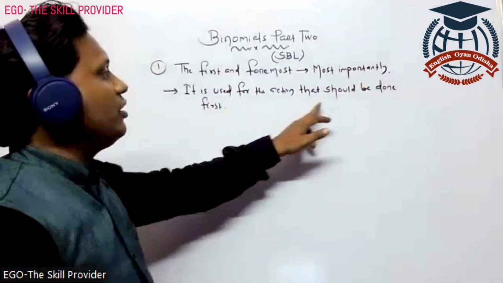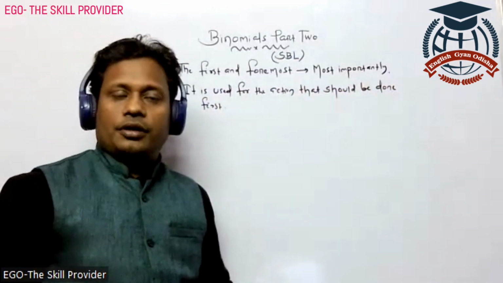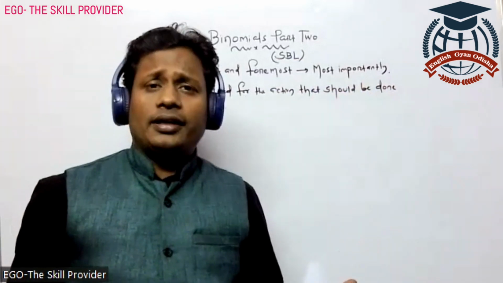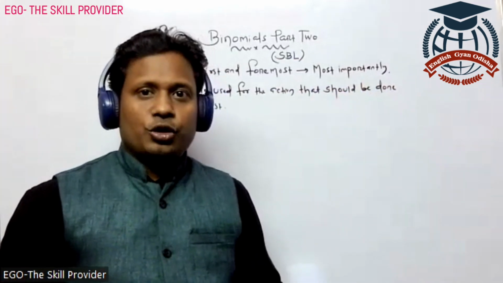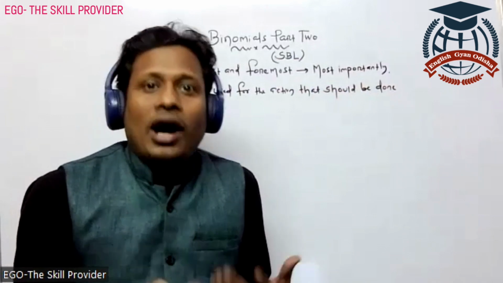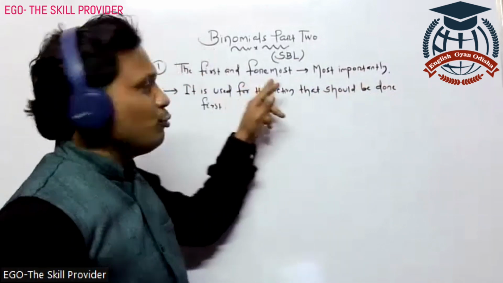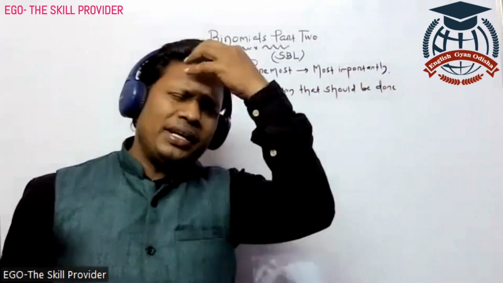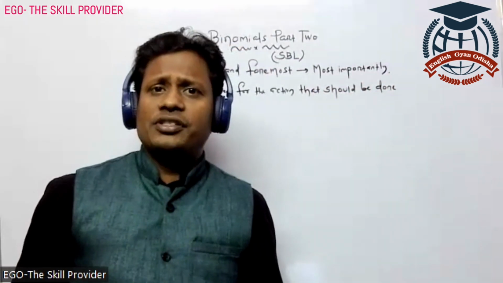It is used for the action that should be done first. This is very important, my friends. Whenever you want to cook something, you are supposed to decide what to cook, the first and foremost thing is to decide what to cook. There are so many countless examples, my friends.